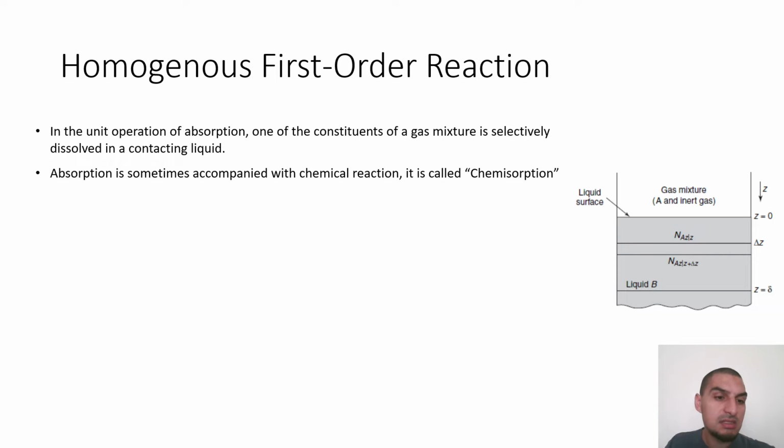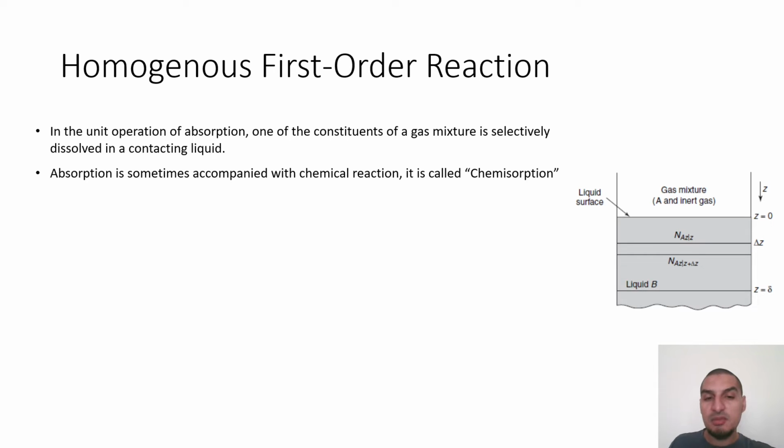This is normal absorption, but there is a case where the sulfur oxide is reacting with the solvent itself, so it's getting consumed as it moves from here to there, and this consumption is due to a chemical reaction accompanied with the absorption. This is why we say this is chemical absorption or chemisorption.